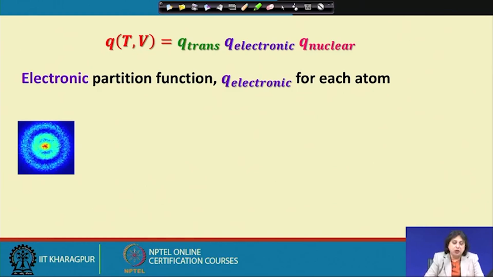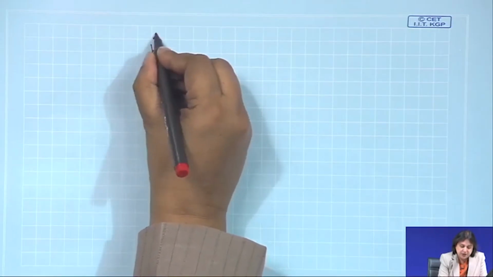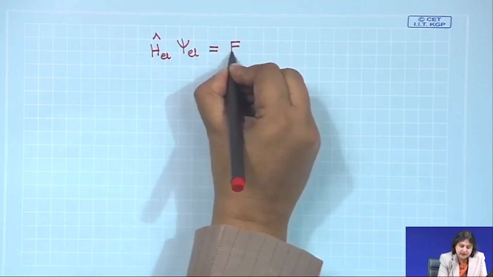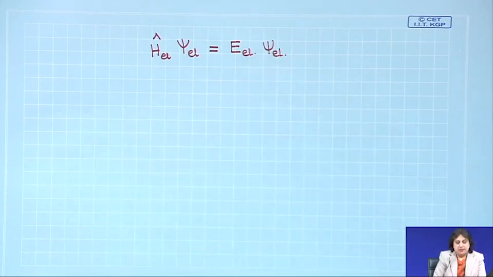So, if you solve the electronic Schrodinger equation, H cap electronic psi electronic, you will get E electronic and psi electronic on the right hand side.